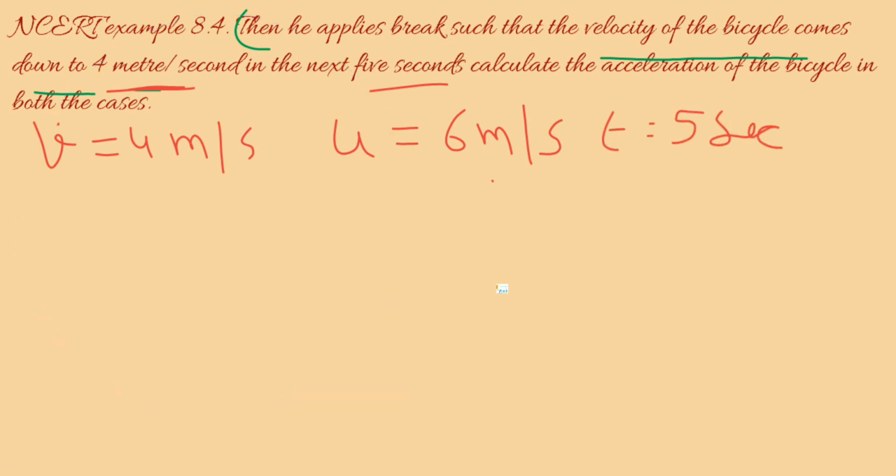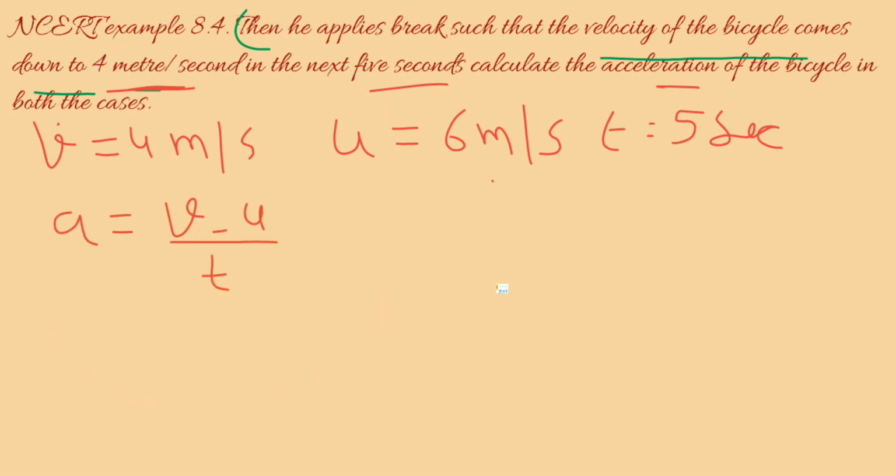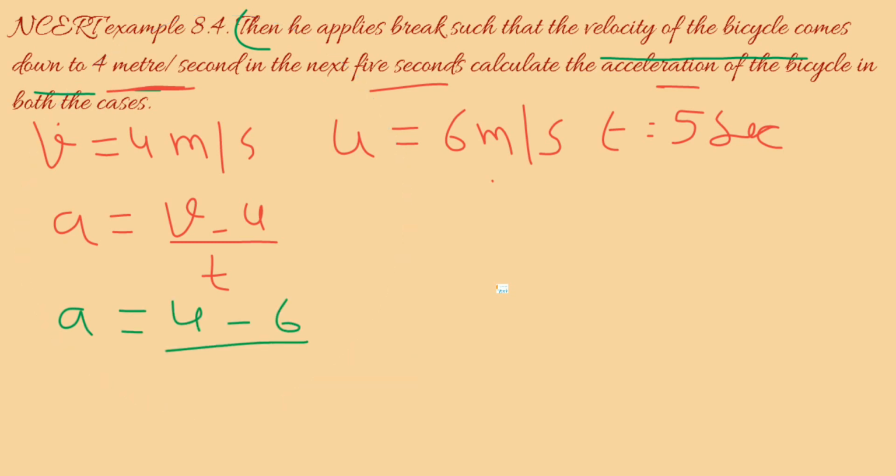Okay, acceleration of the bicycle. Again we will put the formula a equals v minus u by t. Acceleration, v is 4 minus u is 6, by time 5 seconds.